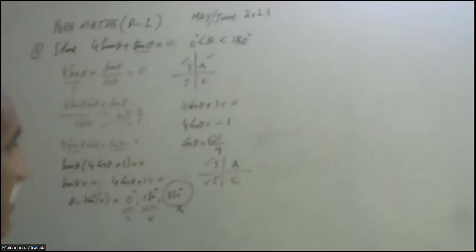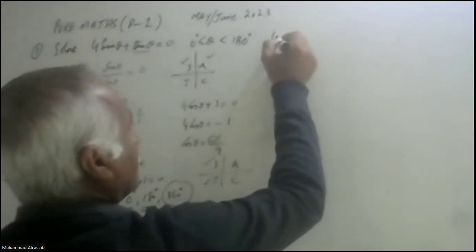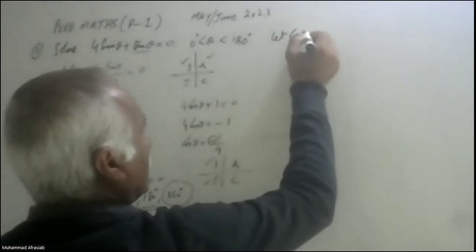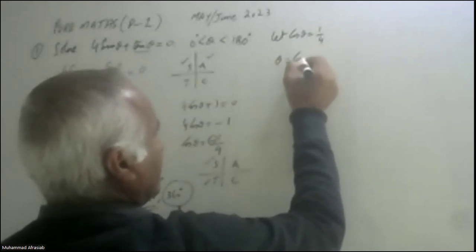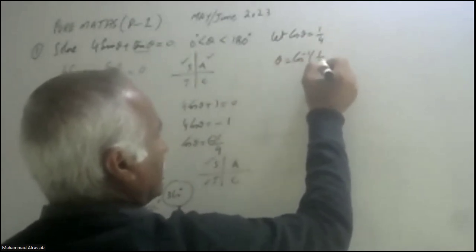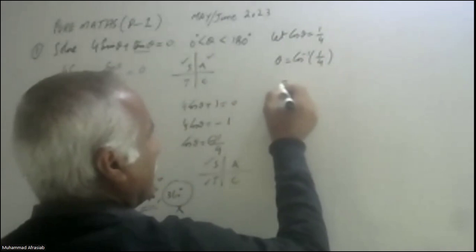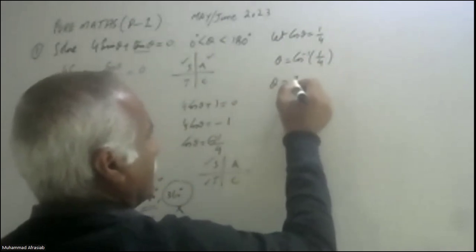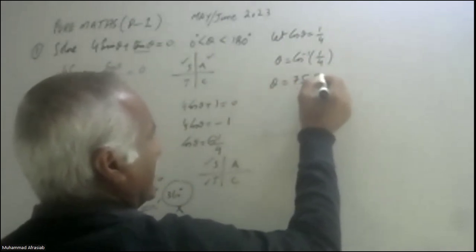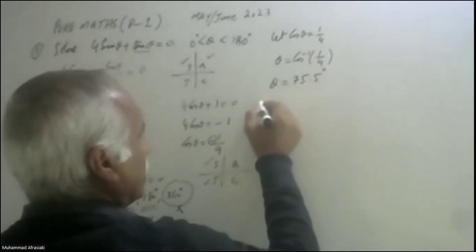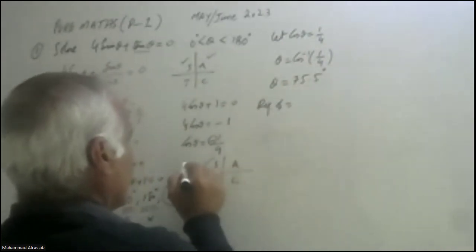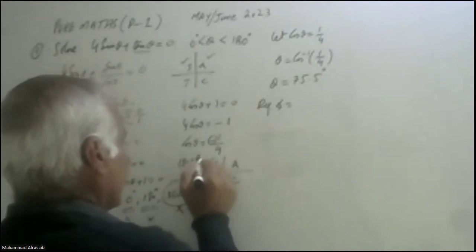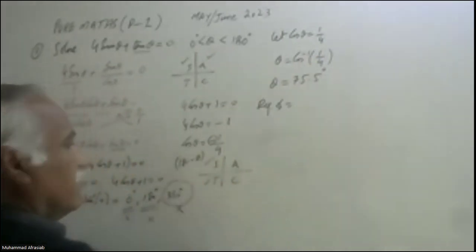So if we use this, let cos theta be equal to 1 by 4. Theta is equal to cos inverse of 1 by 4, that is equal to 75.5 degrees. Our required angle is in the second quadrant, where the angle is 180 minus theta.